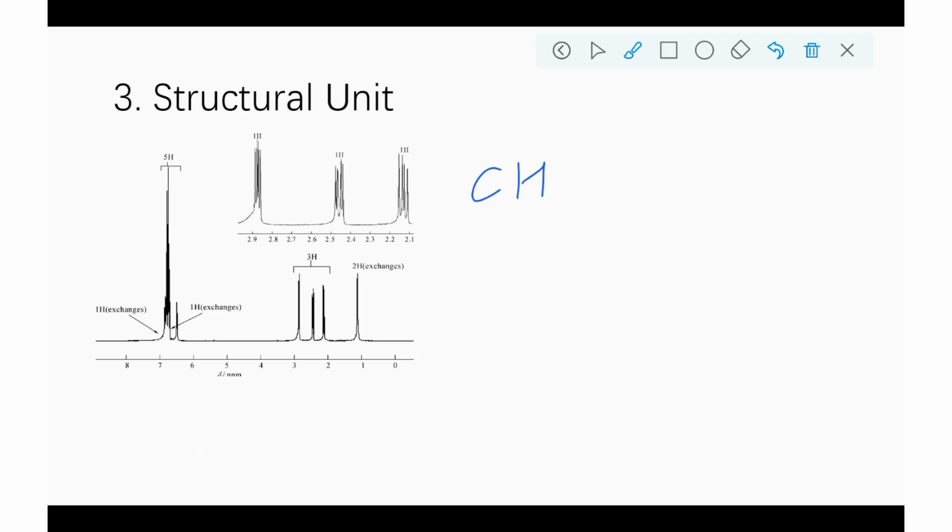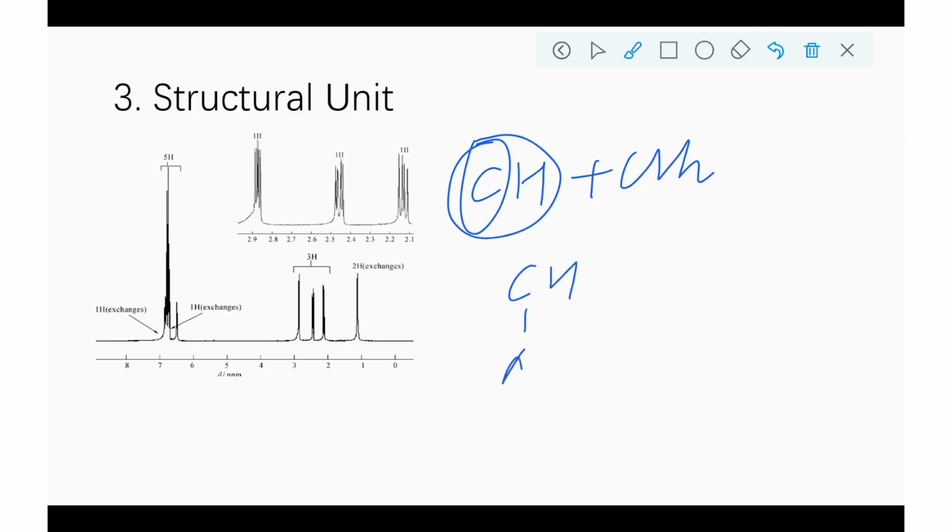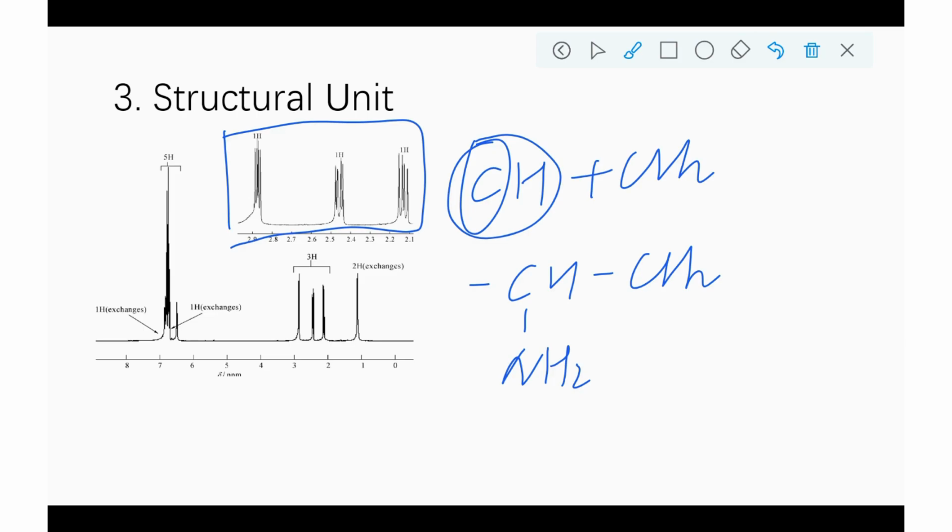So that means the chiral carbon is supposed to be this carbon, and it is connected with an amine group and a CH2. And we can confirm this by looking at the zoomed in graph, where we can see their coupling constants.